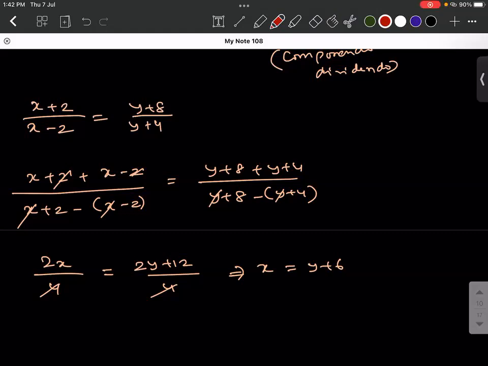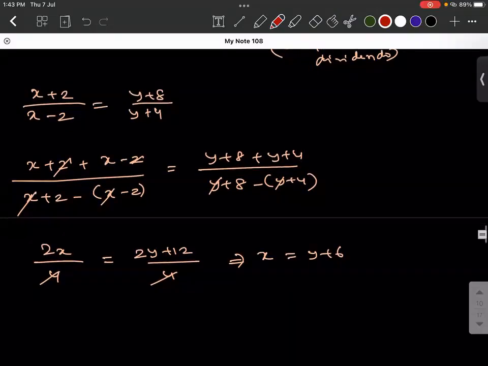The other one is (2x − 5)/(4y − 1) = (x − 1)/(2y + 1). So for the other equation, apply the same logic.